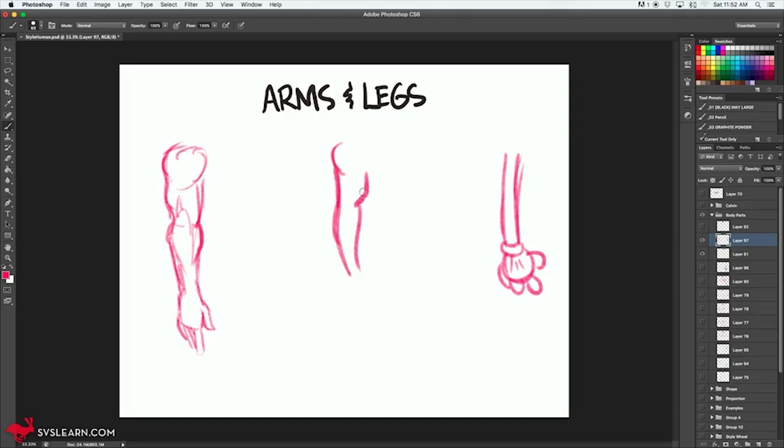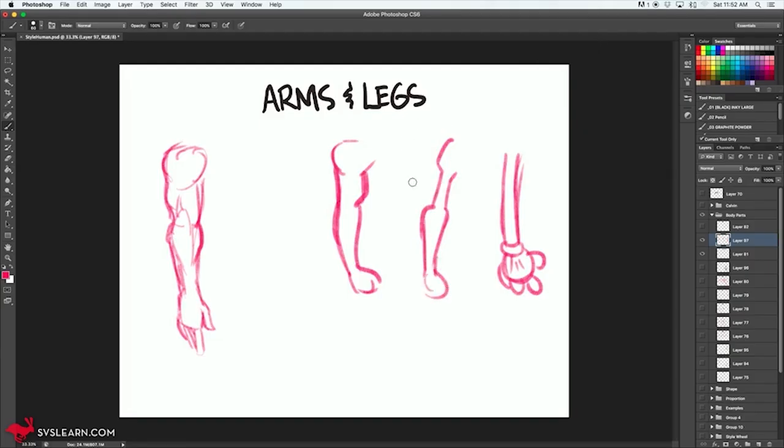Like it could be just something simple like that. You know, even more simple could be, and this is how I do arms a lot of times for my characters, is I'll just do a thin and then a thin coming up to this elbow region.